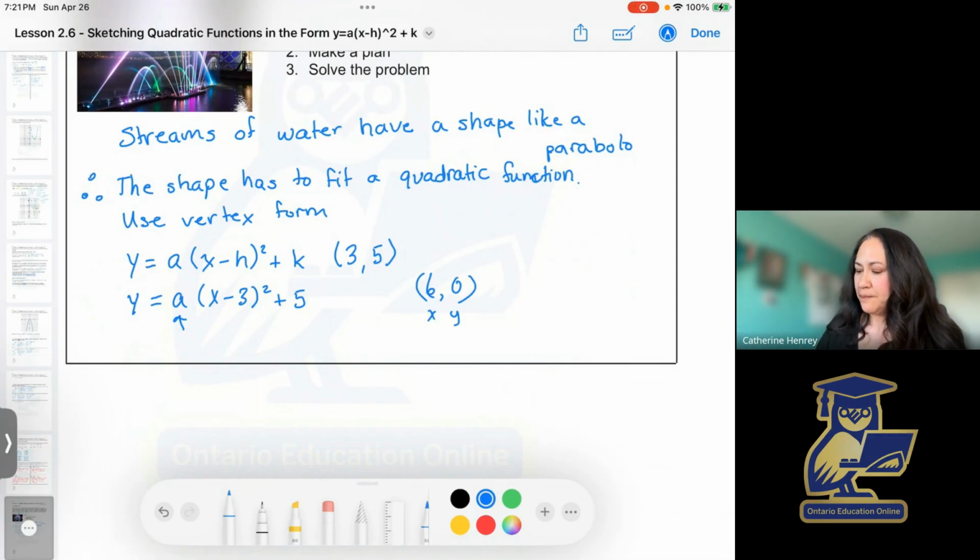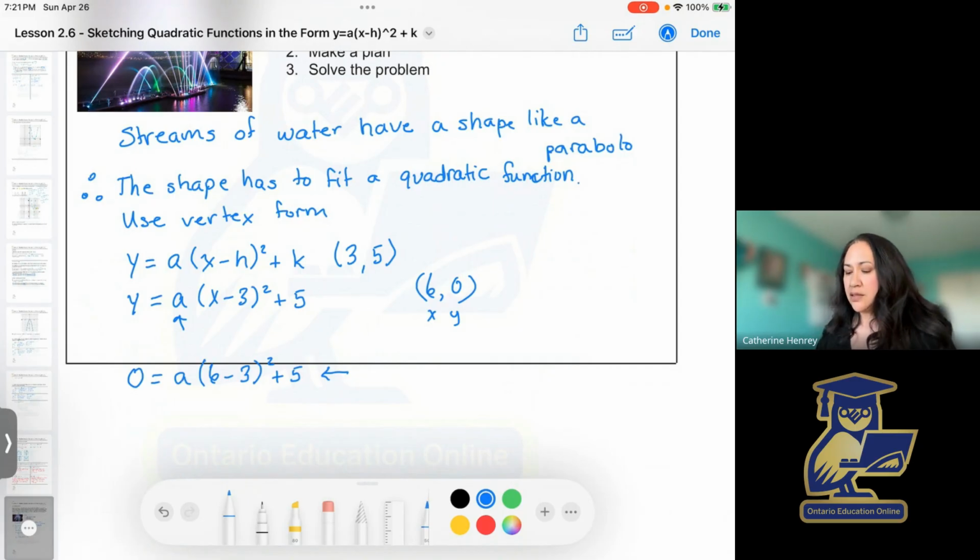So let's do that. Instead of y, I'm going to write 0. I still don't know what a is. We're trying to find that. Instead of x, I'm going to write 6. And my h value was 3, and my k value was 5. So now if you take a look at this equation right here, the only missing variable is the a.